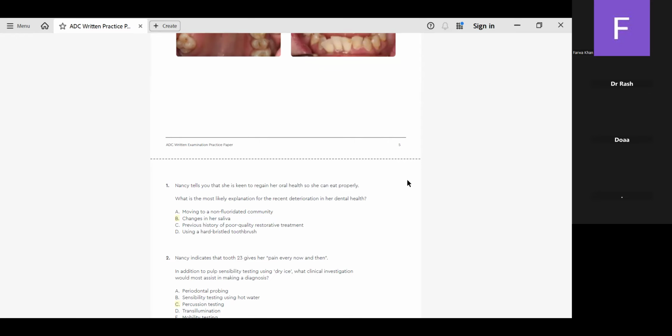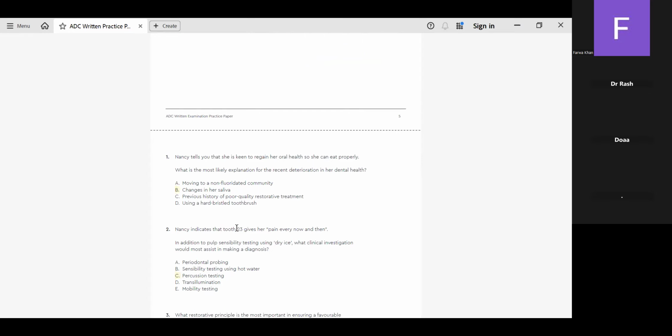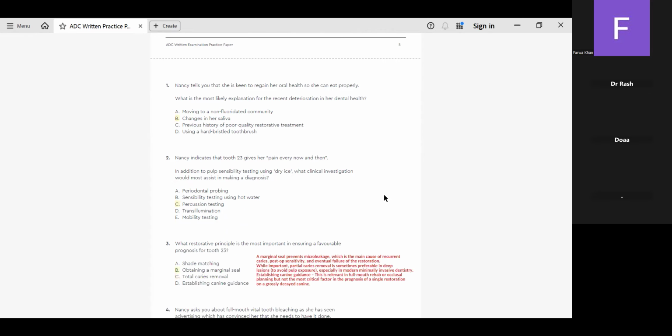Most likely explanation for recent deterioration in her dental health: changes in her saliva, of course. Nancy indicates that tooth 3 gives her pain every now and then. So tooth 3, in addition to pulp sensibility testing using dry ice, what clinical investigation would most assist in making a diagnosis? Percussion testing. What restorative principle is the most important in ensuring a favorable prognosis for tooth 2-3?